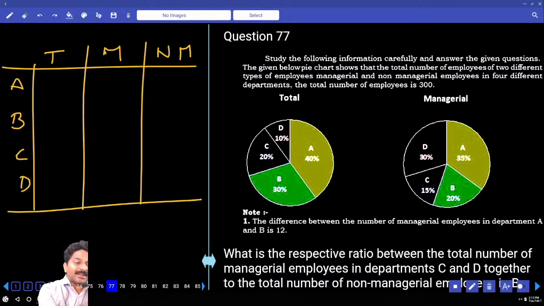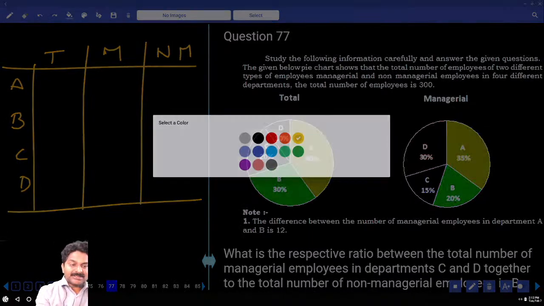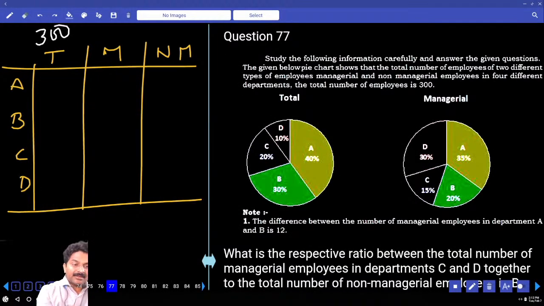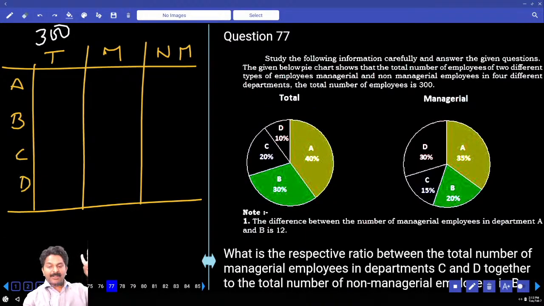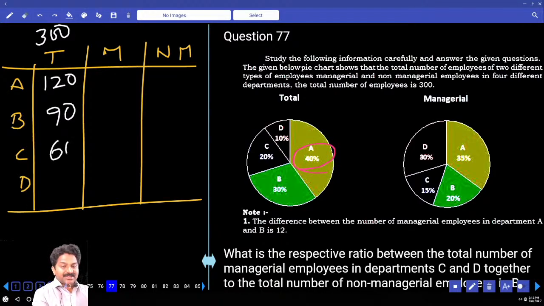Total value is 300. So if total is 300, percentage wise segregation is given. 100%, which is 300, 1%, 3, 40%, 120, 30%, 90, 20%, 60, 10%, 30.